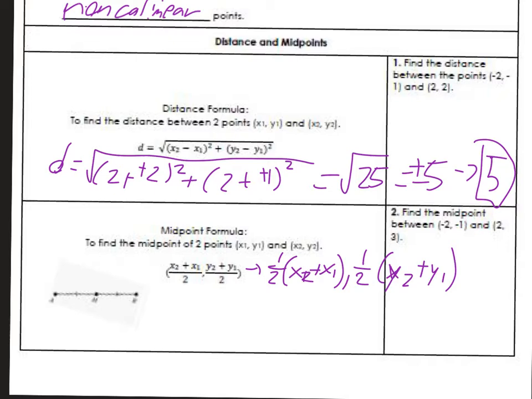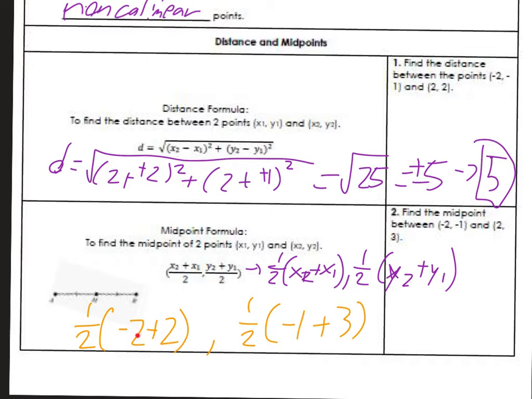So we set up our problem as 1/2 of our x's being added together, so that's -2 plus 2, comma, 1/2 of our y's being added together, -1 plus 3.